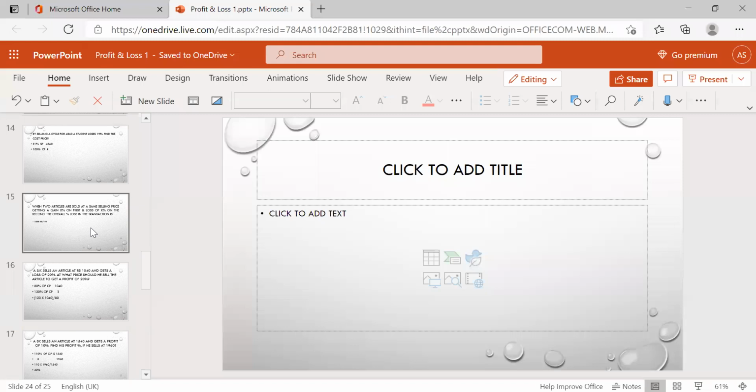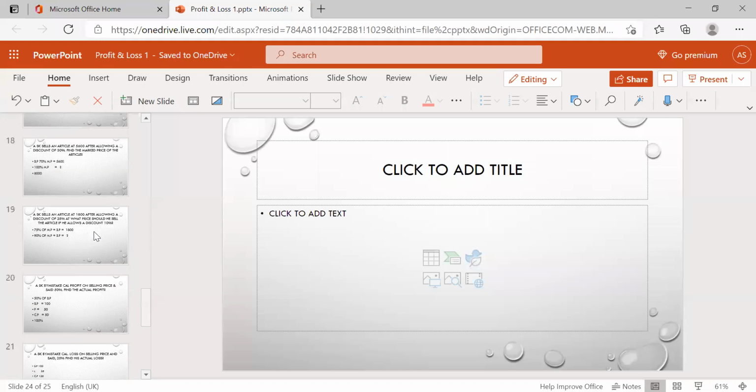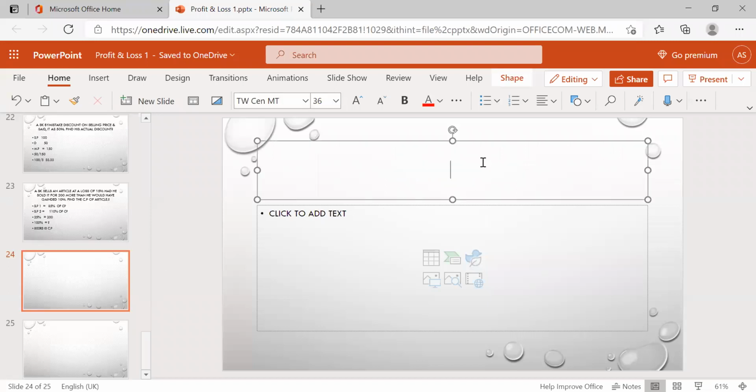Let's start. Here is our question. The shopkeeper sells an article at a profit of 13%.